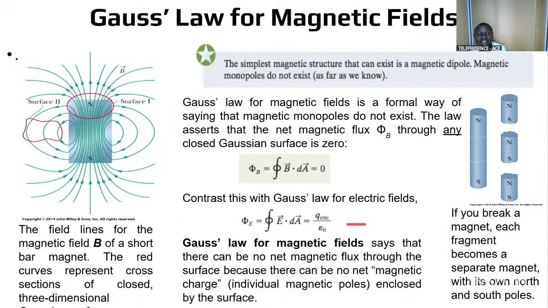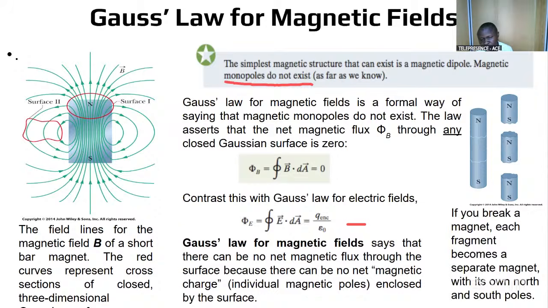It means that magnetic monopoles do not exist. No matter how small a magnet is, it will have a dipole, that is, the north and the south poles.